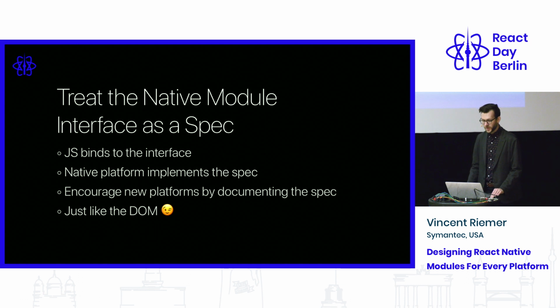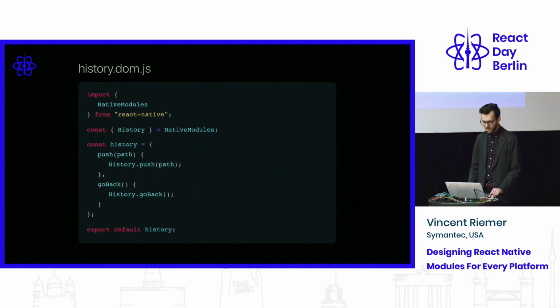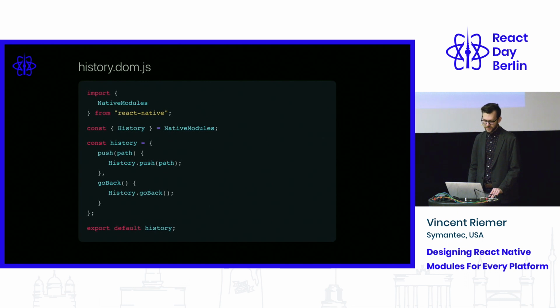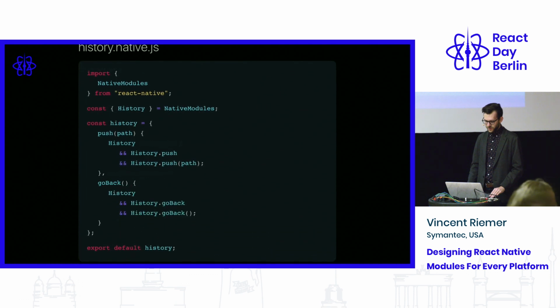What's funny is I've been thinking about this for a while, and actually we can go back to our history module quickly. This was history.dom.js. This doesn't really follow what I've been suggesting so far.